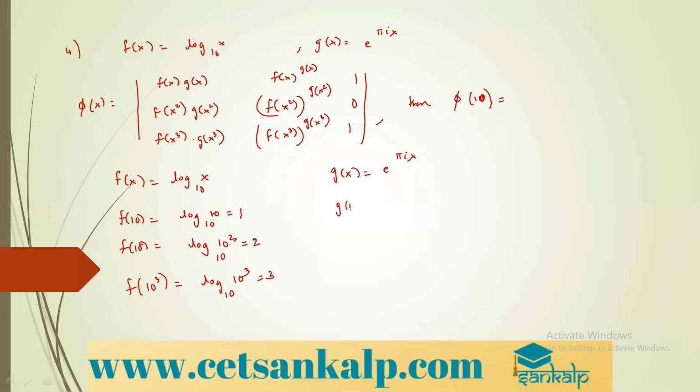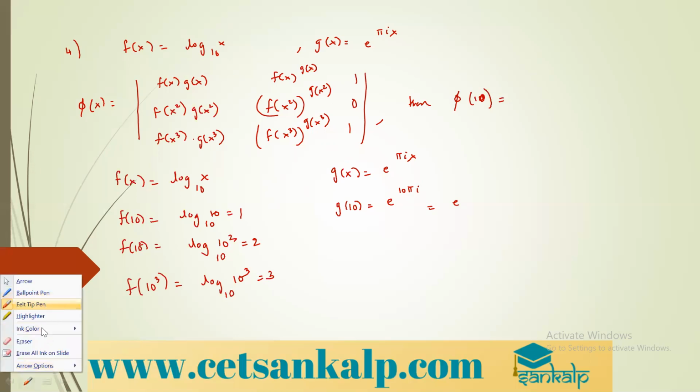So if I take g of 10, it is e power 10 pi i. And what is this? You can write this as e power, because there is a formula. Before that, I want to tell you one formula.